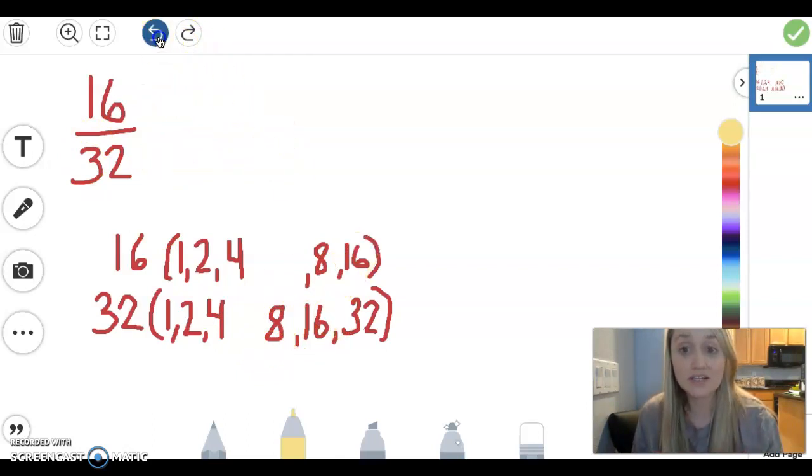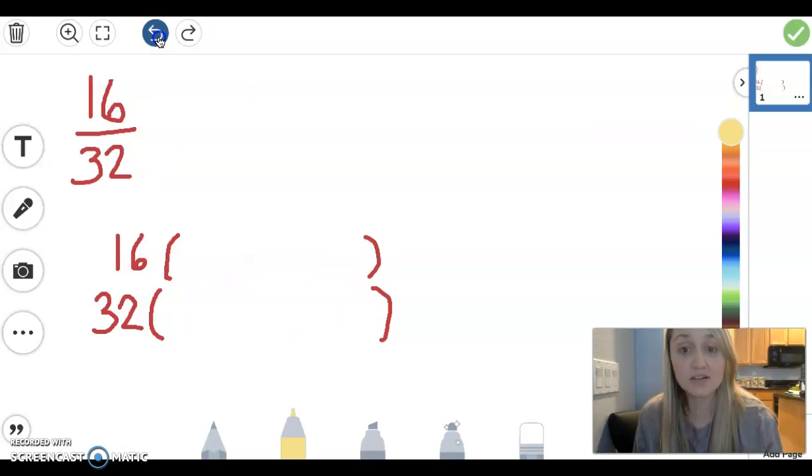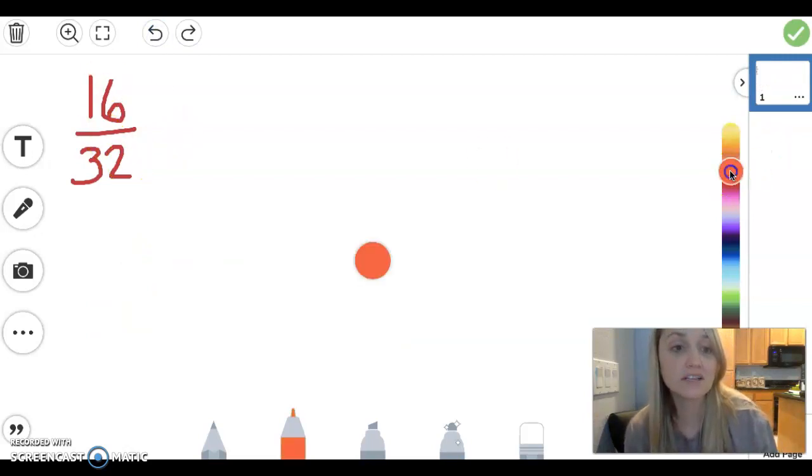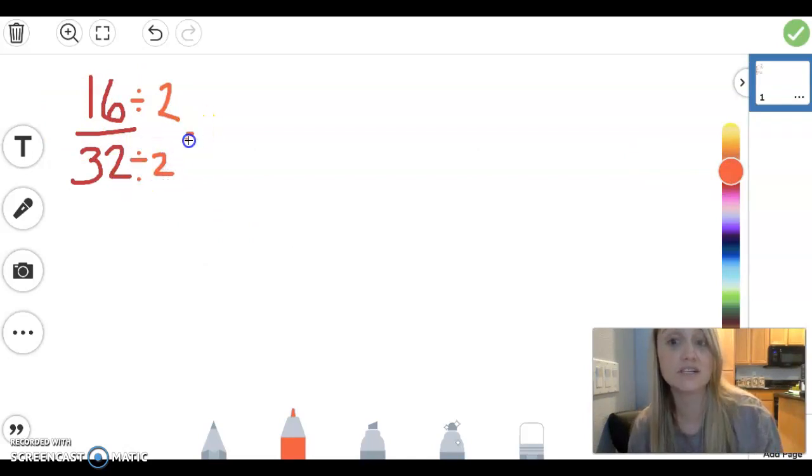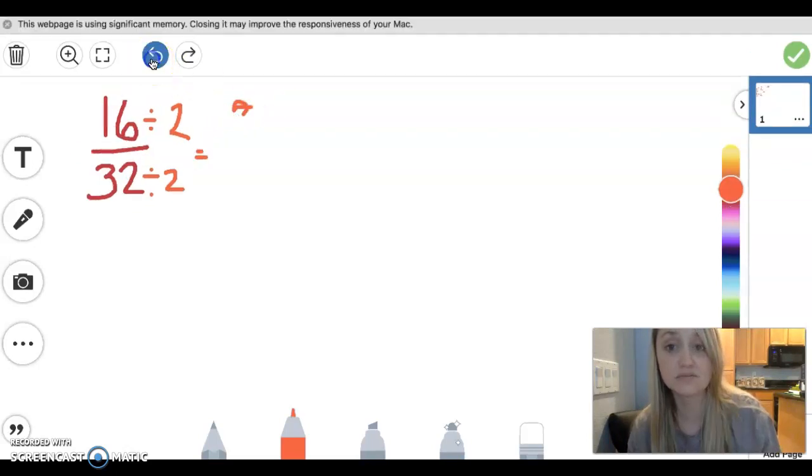And here's another thing that I see people do sometimes as well, is when people recognize, oh, they're both even, so I'm just going to keep dividing by 2. Again, that's totally fine, but your problem's going to end up looking just a little different. So 16 divided by 2 would be 8. Okay.